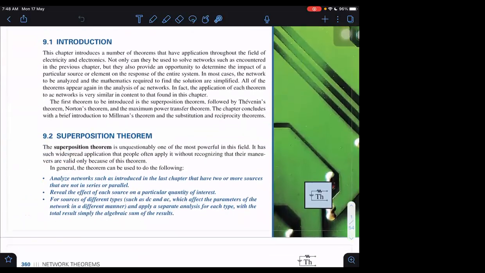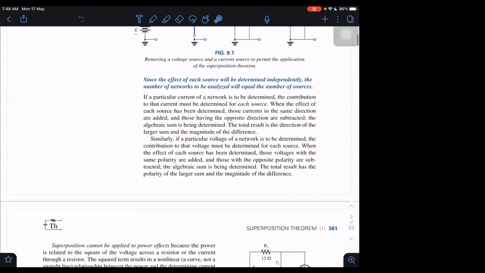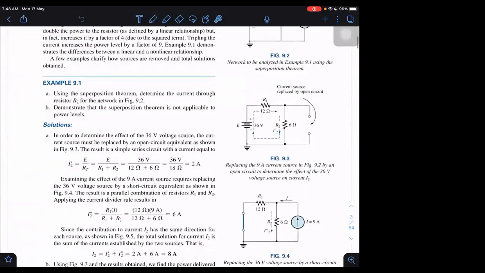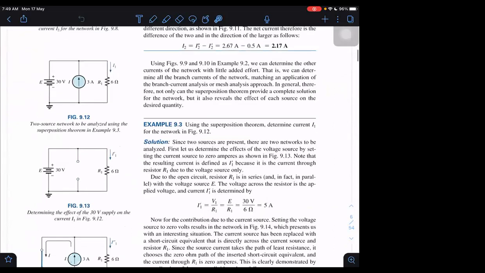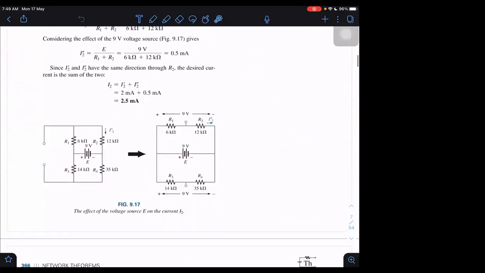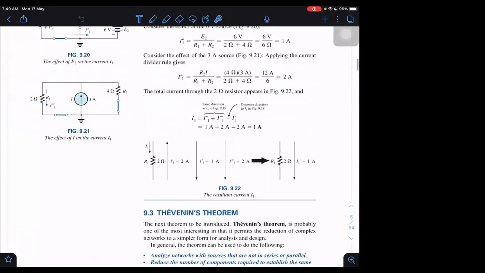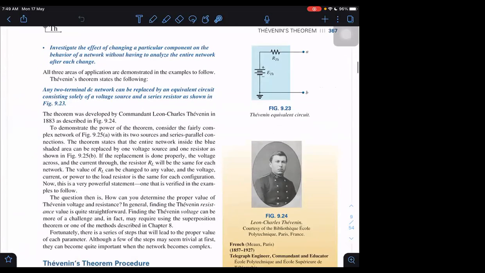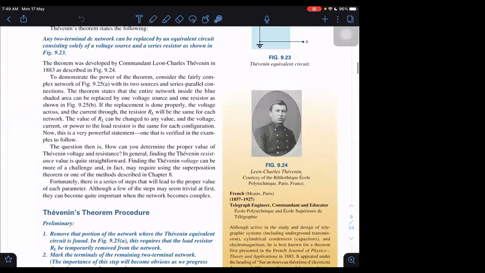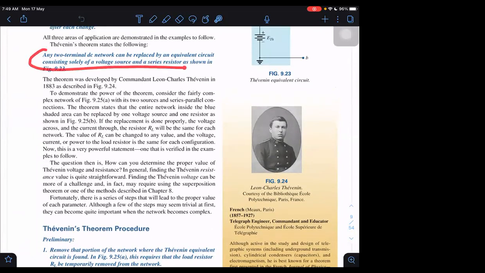These are the network theorems. If you want, we can see the statements from this. Thevenin's theorem: any two-terminal DC network can be replaced by an equivalent consisting solely of a voltage source and a series resistor.